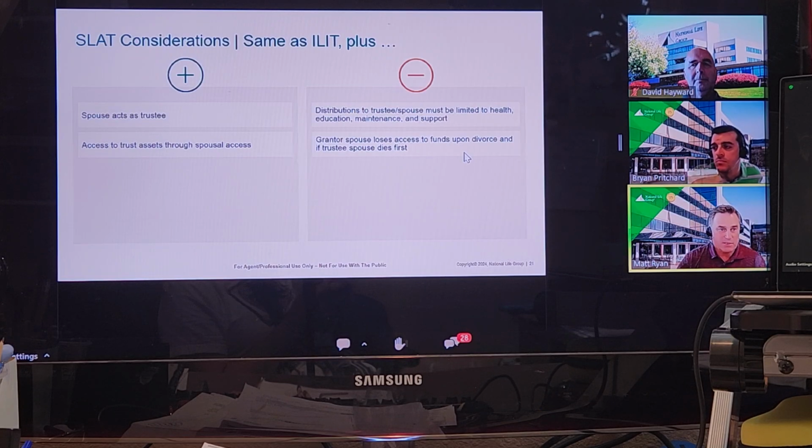The disadvantages: the distributions to the trustee and spouse are limited to their health, education, maintenance, and support. And the grantor spouse loses access to the funds upon a divorce, or if the spouse dies first. He's going to have to rely on his children to be generous in terms of taking distributions, and then in turn giving money to him.